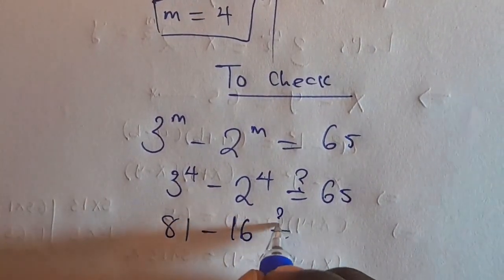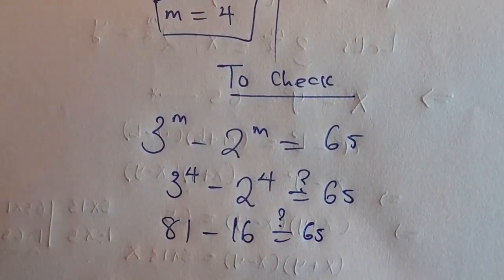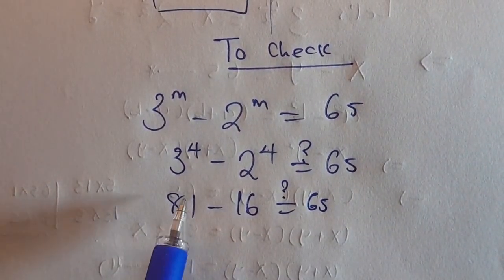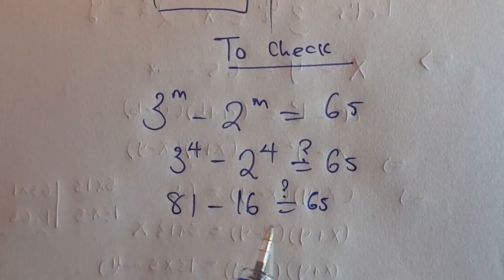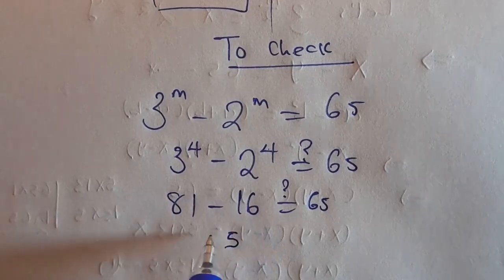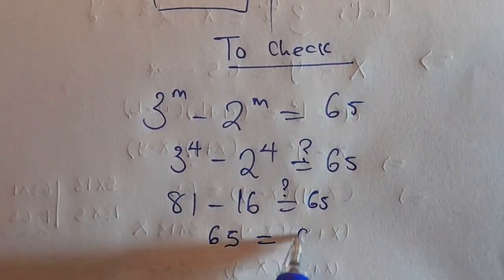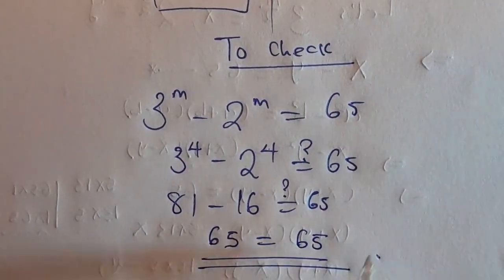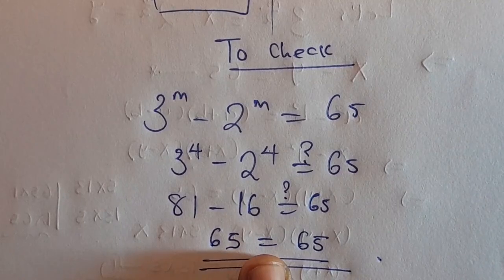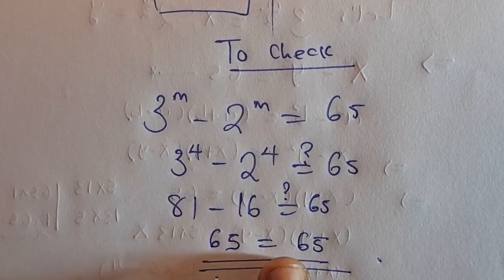Then 81 minus 16, we borrow around to this, it is 11. 11 minus 6 will give us 5. Then 7 minus 1 is 6, so we have 65. So this is true for the value of m equals 4.